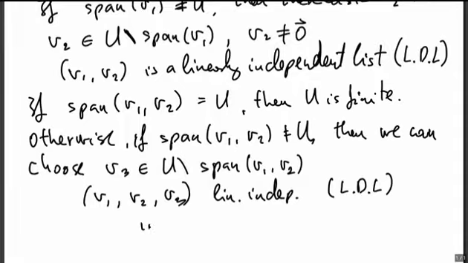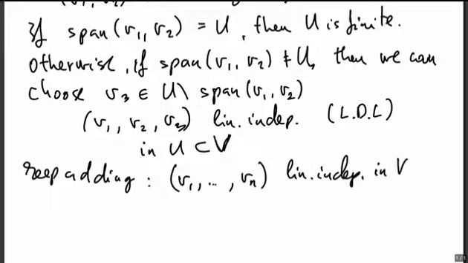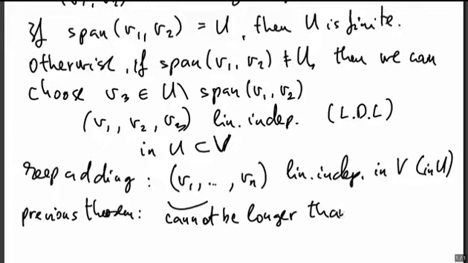This is actually in U, but U is also a subspace of V, so that means it's in V also. So we keep adding these vectors, and at one point we have V1 through Vn, say, which is still linearly independent, and this is in V also, not just in U. According to the previous theorem, this cannot be longer than the spanning list.